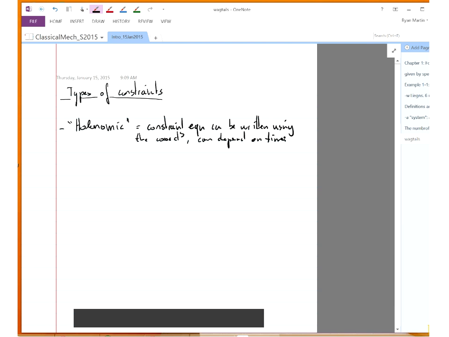So let's do an example of a constraint, and we'll see that it can be made holonomic. Example 1-3: rolling without slipping.